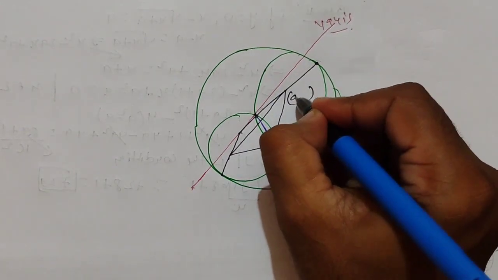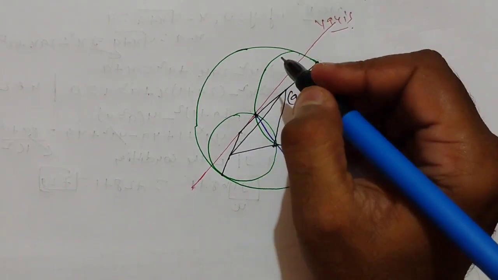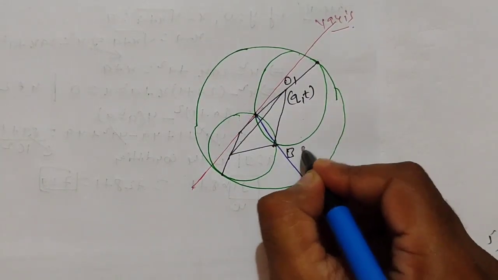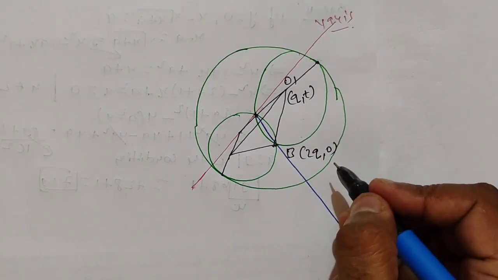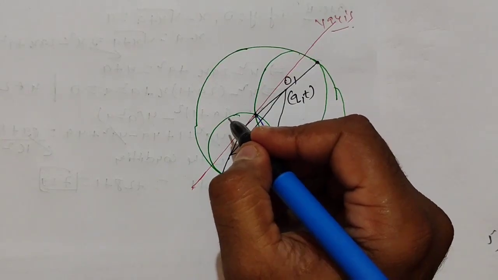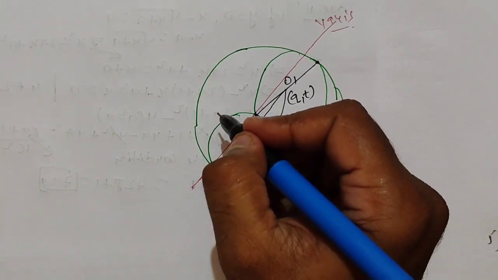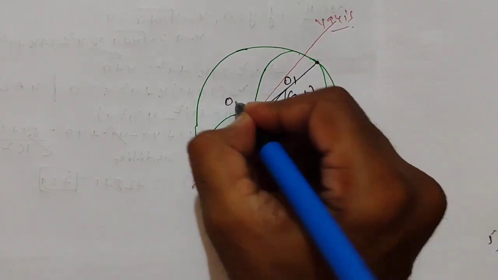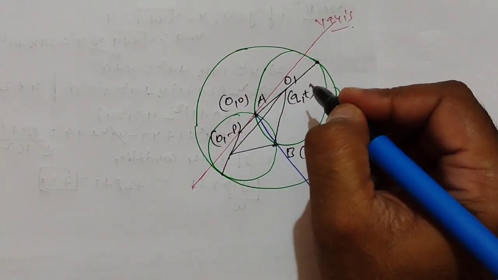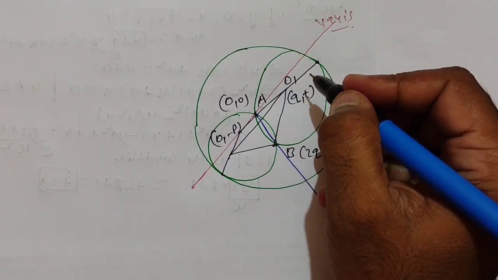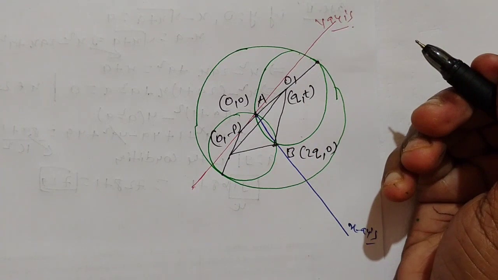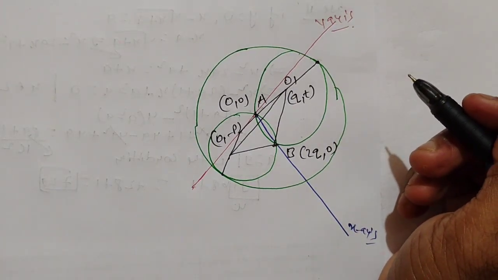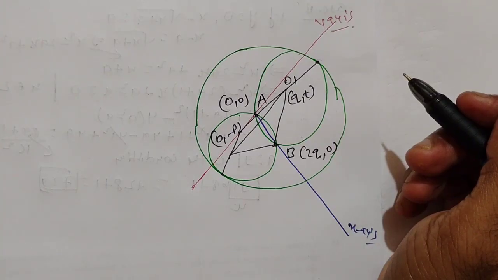Let these be the coordinates of O1, this is B, 2q comma 0, this is 0 comma minus p, and this is the origin 0 comma 0, naming A. So these are the arrangements for the coordinates of the points.